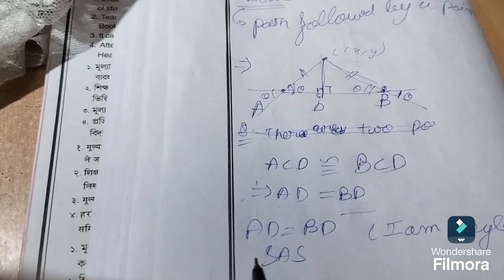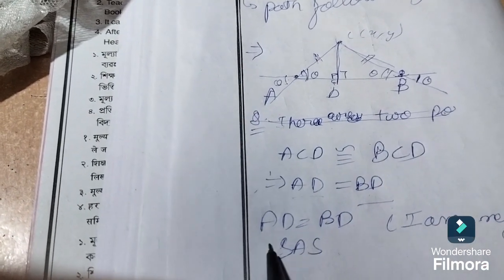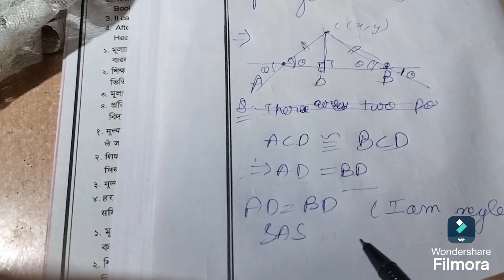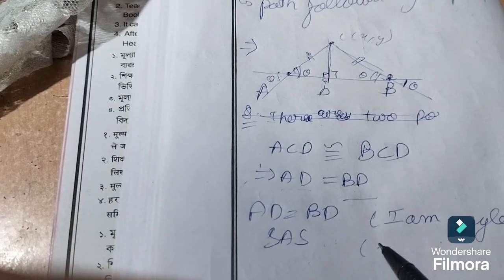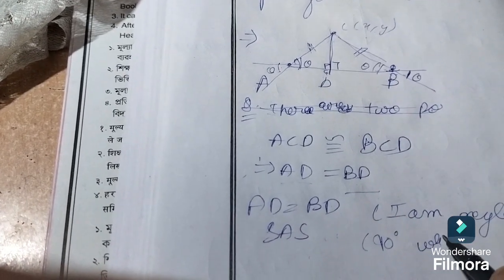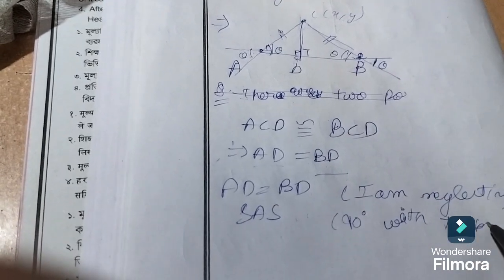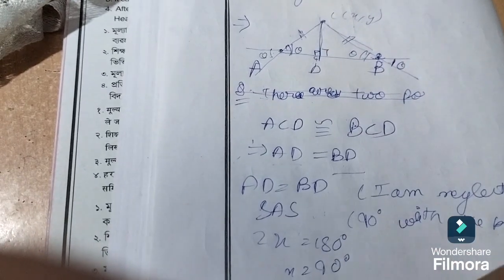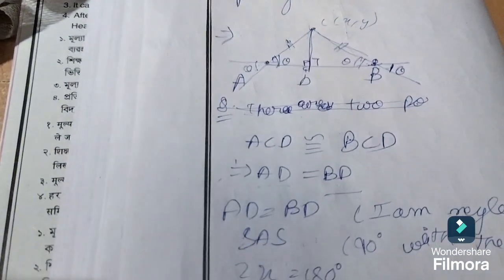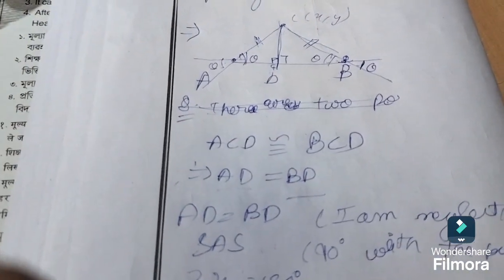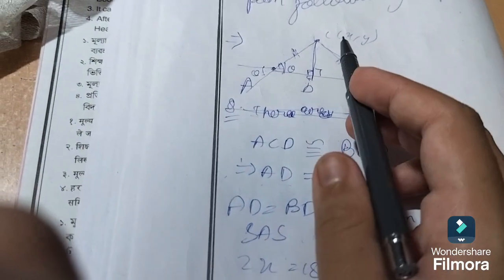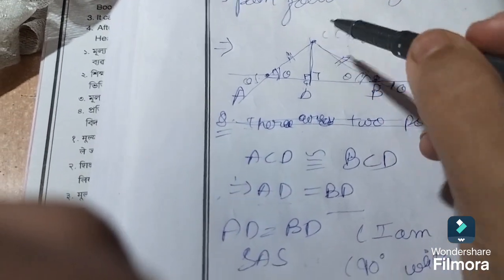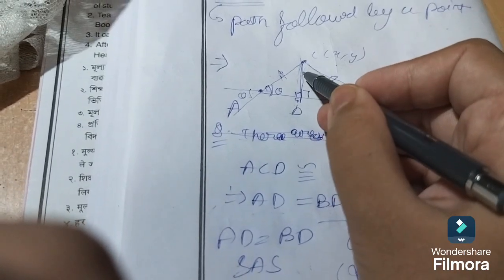Because of that, this will follow the SAS property, and then it always makes 90 degrees with the base, because 2x is equal to 180 degrees and x is equal to 90 degrees, and a 90 degree line to the base is only one. So basically this point has to stick to this perpendicular line only.